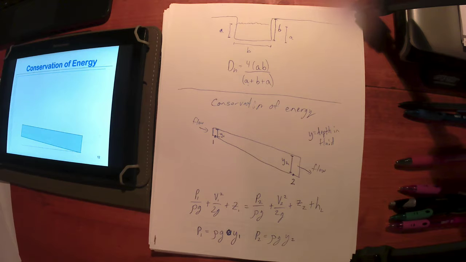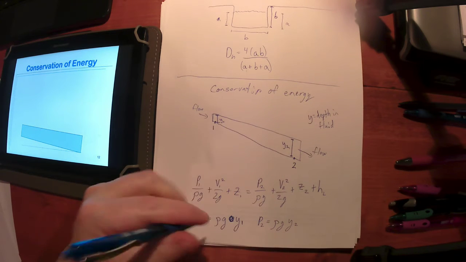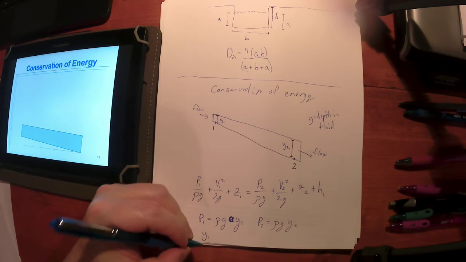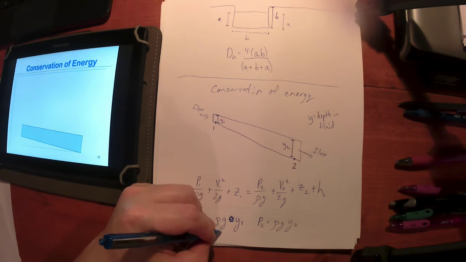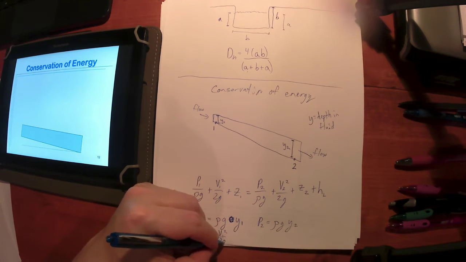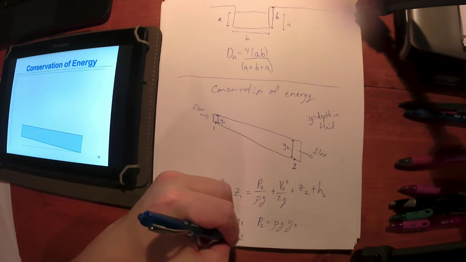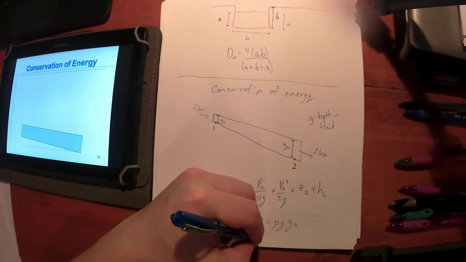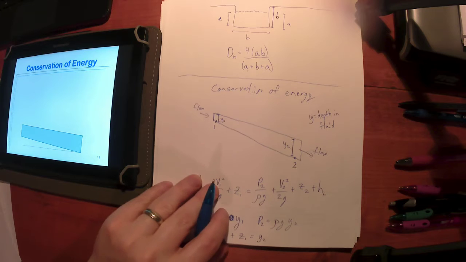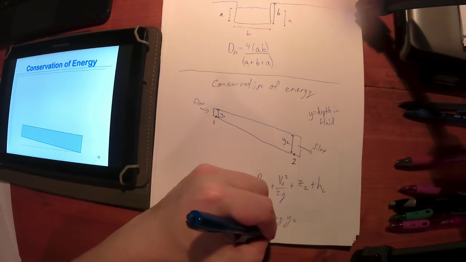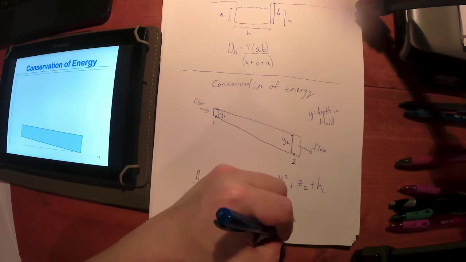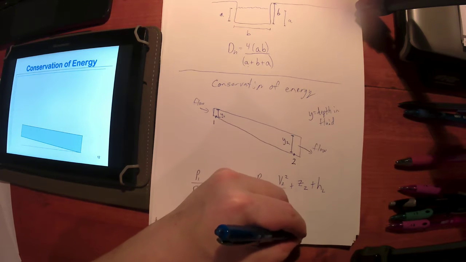Now, rho G over rho G, so that's going to be Y1 plus V1 squared over 2G plus Z1 is equal to Y2, the depth at 2, plus V2 squared over 2G plus Z2 plus the head loss.